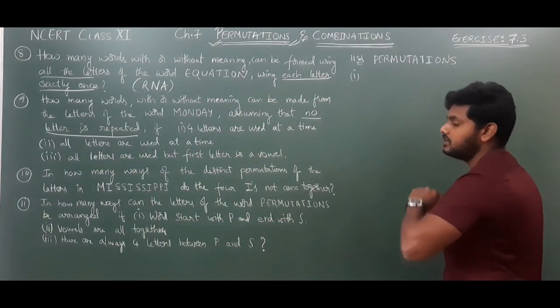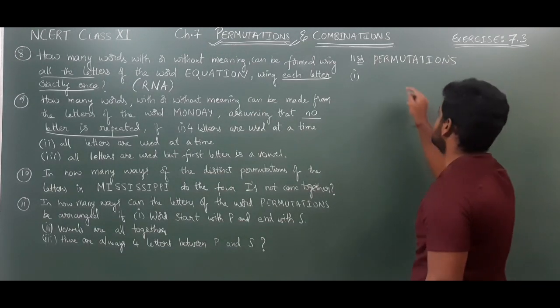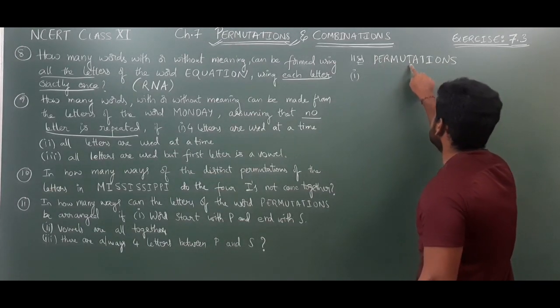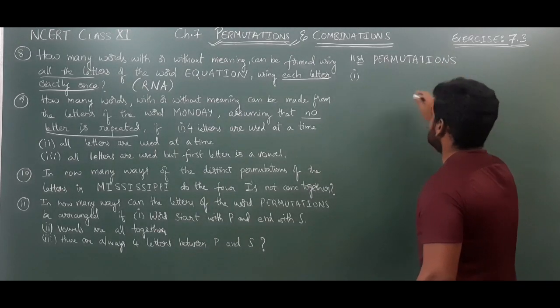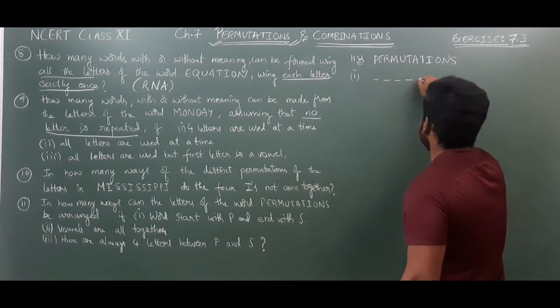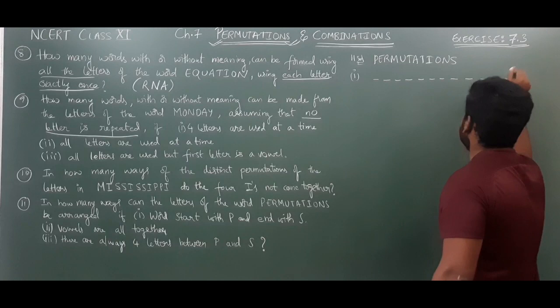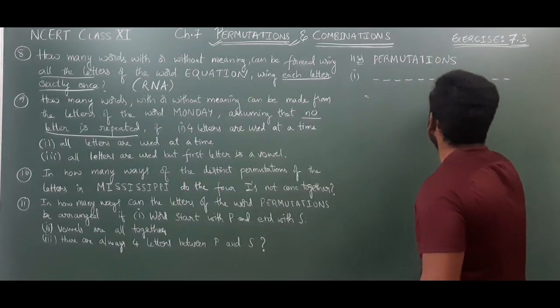First of all, how many letters are there? We will check. 1, 2, 3, 4, 5, 6, 7, 8, 9, 10, 11, 12. So total how many places are there? 12 places.